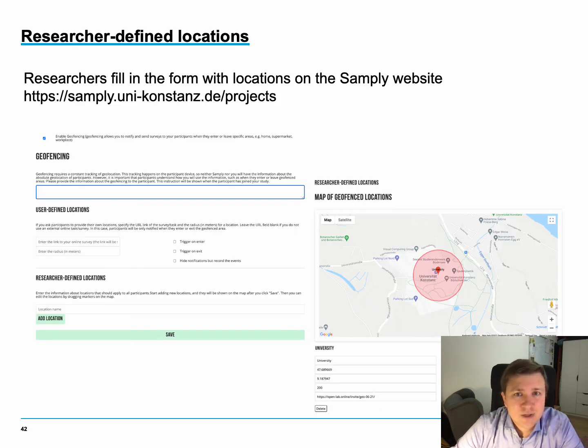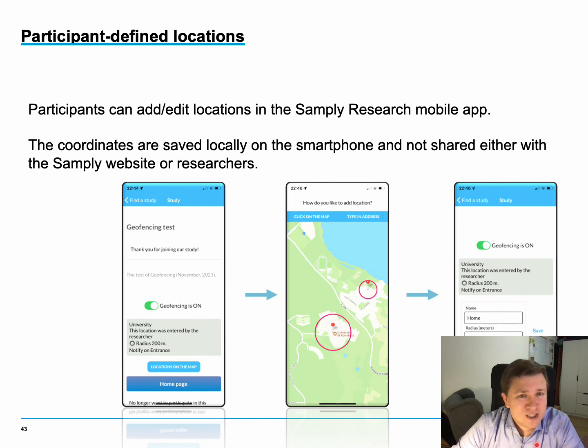For the locations determined by a researcher, we have set up a website interface that allows the researcher to enter GPS coordinates and define the radius of the fence for geofencing. For locations specified by participants, each participant can use the mobile app interface to select locations on the map. The coordinates are stored locally on the phone and not shared with the Samply website and the researcher.